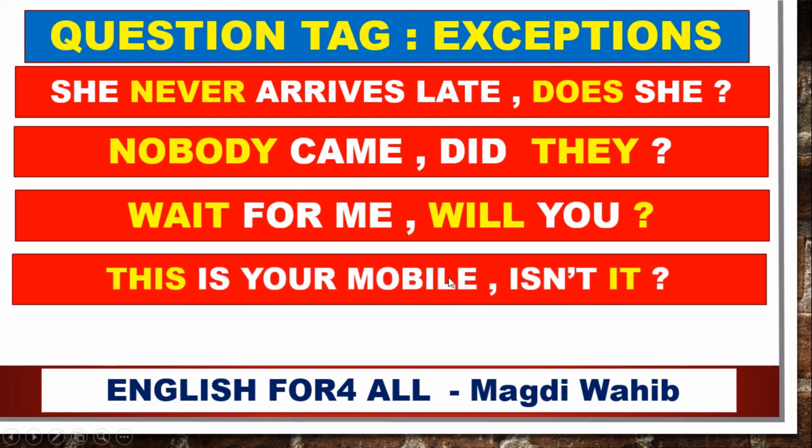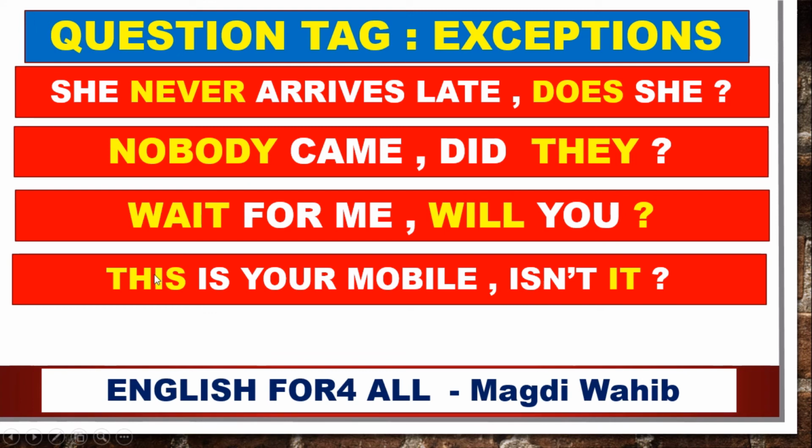This is your mobile, isn't it? This, we change this into it. Okay. This is your mobile, isn't it? We don't say this is your mobile, isn't this? No, we replace this to be it in the question tag.